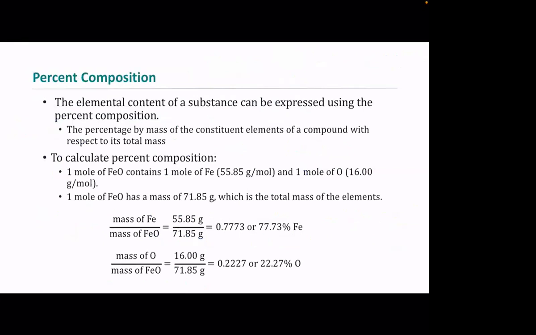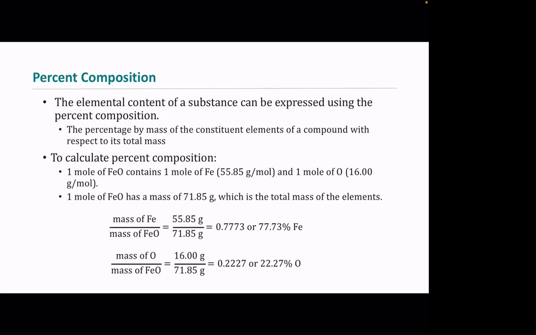Percent composition, I'm going to glaze over because it's really easy. This is just the amount within a substance rather than a chemical reaction. Something like iron oxide, I should say iron(II) oxide, FeO.